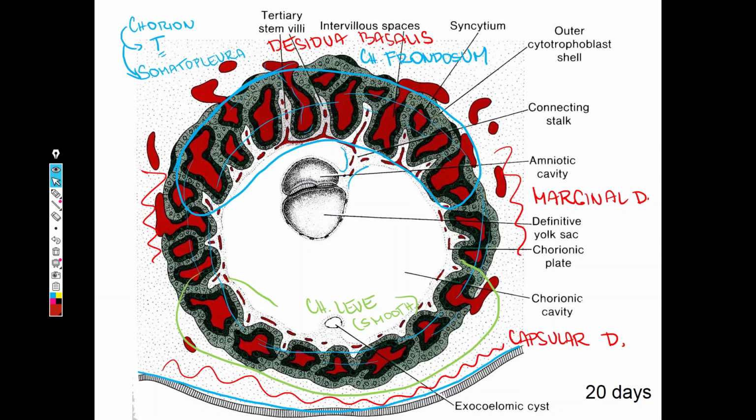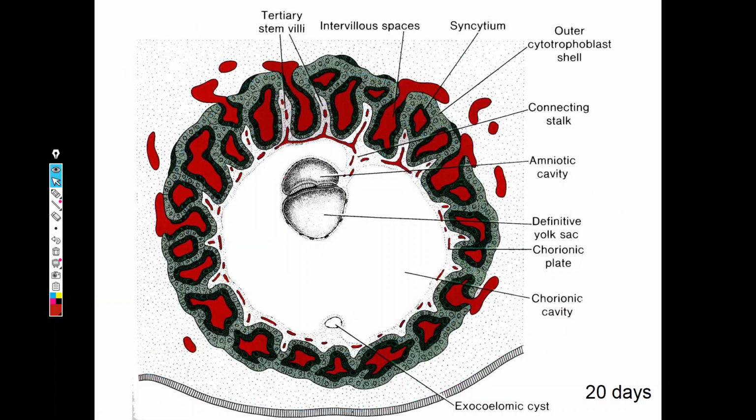Chorionic villi are very important formations. In this case over here, I'm going to delete everything. So here we have once again chorion frondosum, and these are the villi over here. This is the villus, like this over here.